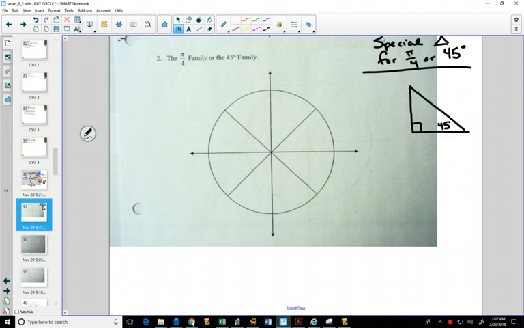What's our other angle going to be? 45. Because it has to add up to 180. What kind of triangle is this, besides being a right triangle? What's the name of this triangle? And what are the properties of that special triangle? Yeah, it's an isosceles triangle, and not only are the two angles the same, but two of the sides are the same.